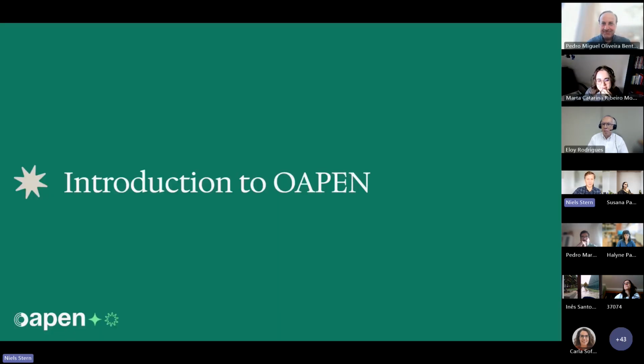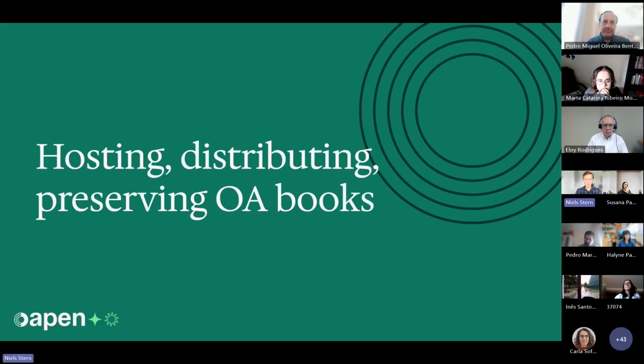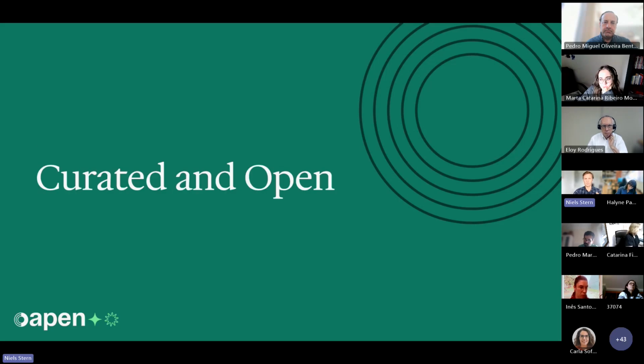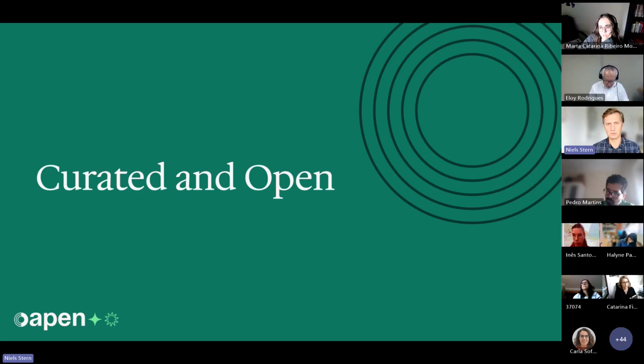Right. Okay, so first, an introduction to OAPEN. OAPEN is hosting full text titles, so hosting books. It's distributing the books and it's preserving the books. These are open access books that are scholarly, peer-reviewed books. That's what the platform, the OAPEN Library, is doing. There are two important value propositions, which is that the collection is curated.